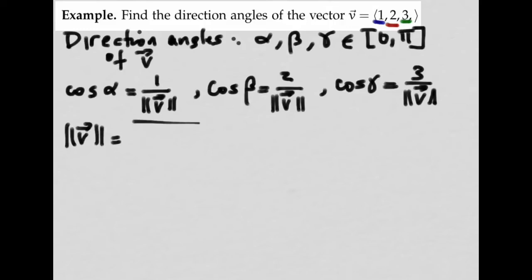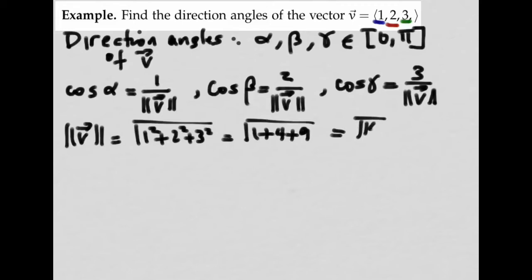That's the square root of 1 squared plus 2 squared plus 3 squared. That's equal to 1 plus 4 plus 9. That's the square root of 14.